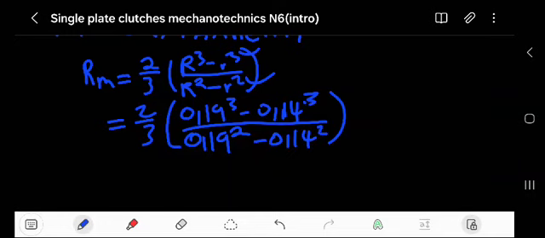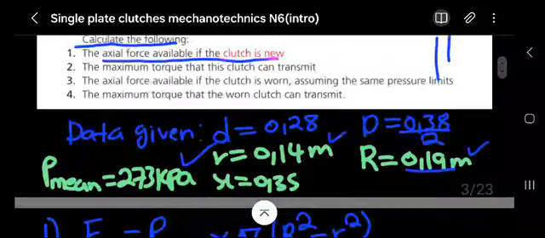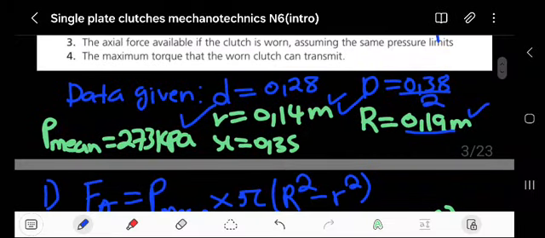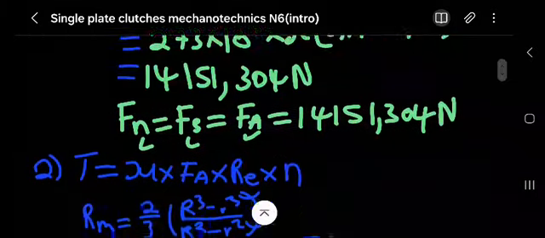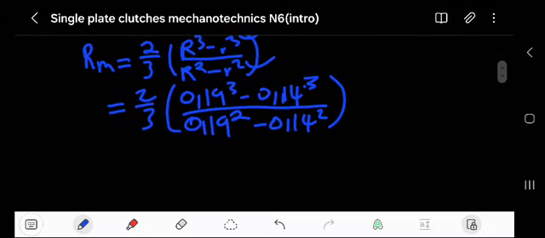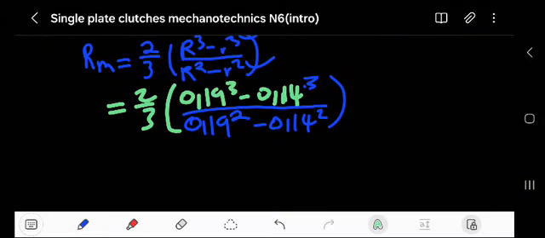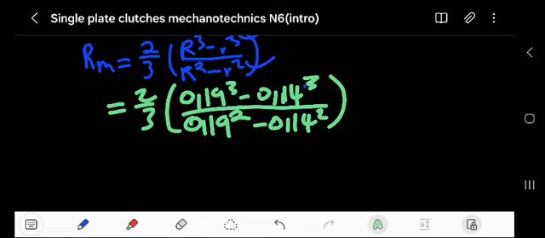Here, small r is 0.14 and big R is 0.19. If you punch this, let's check what you get. When I punch this, I get 0.166 meter.